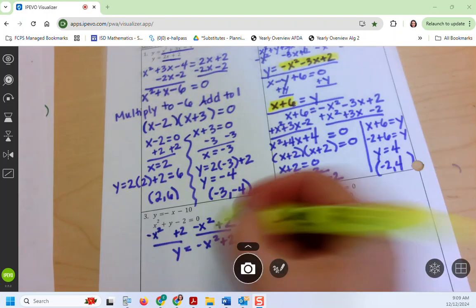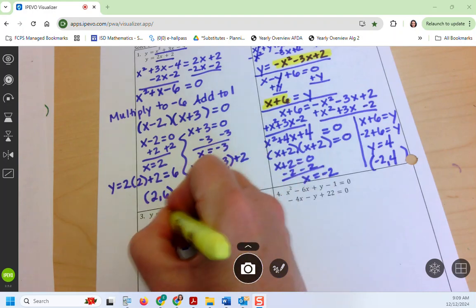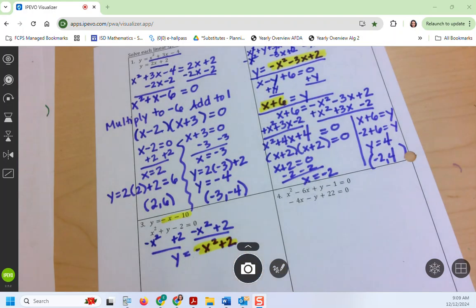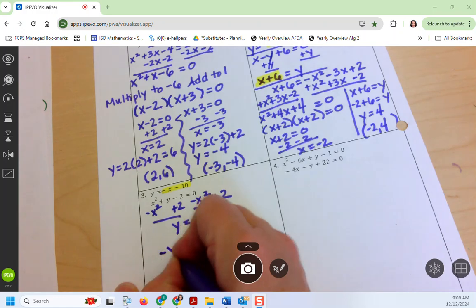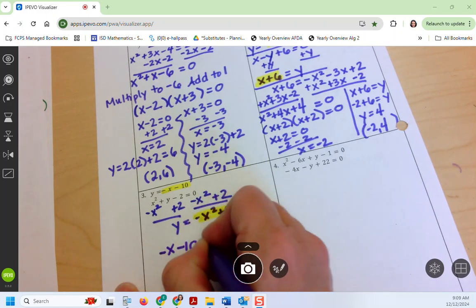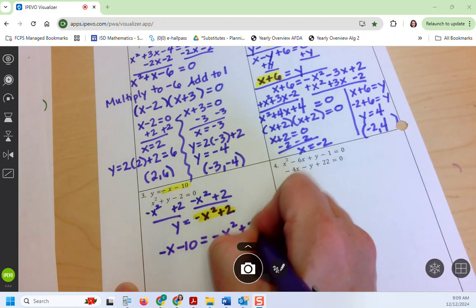So y equals this one, and y equals this one, so I'm going to set them equal to each other. All right, so these two equal each other, so I have negative x minus 10 equals negative x squared plus 2.